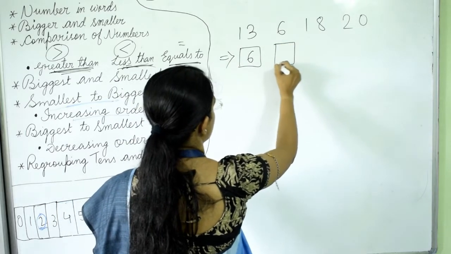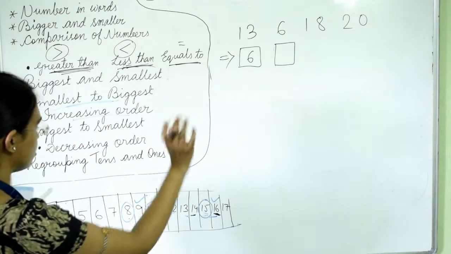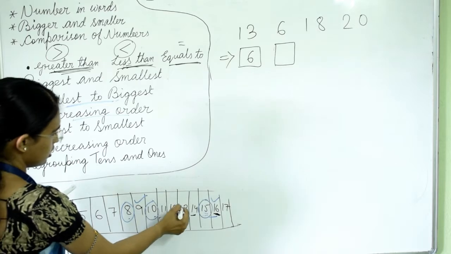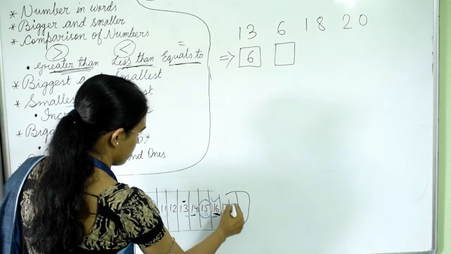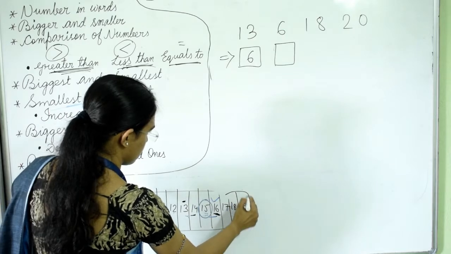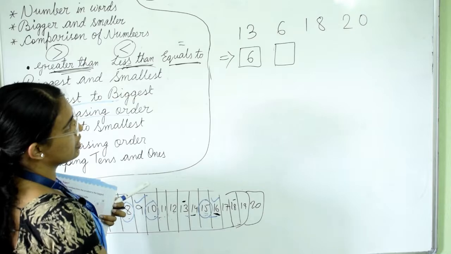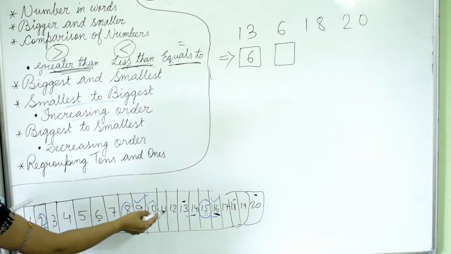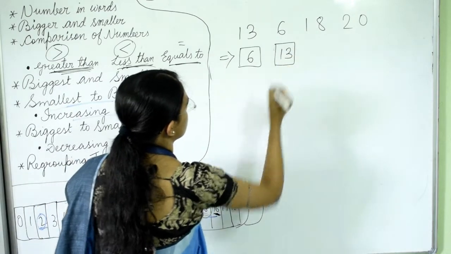Then which number comes after 6? 13, 18, 20. After 6, which number comes first? 13 is here, 18 is here, and then 20 is here. So after 6, the next number is 13. That means we have to write 13 in this box.